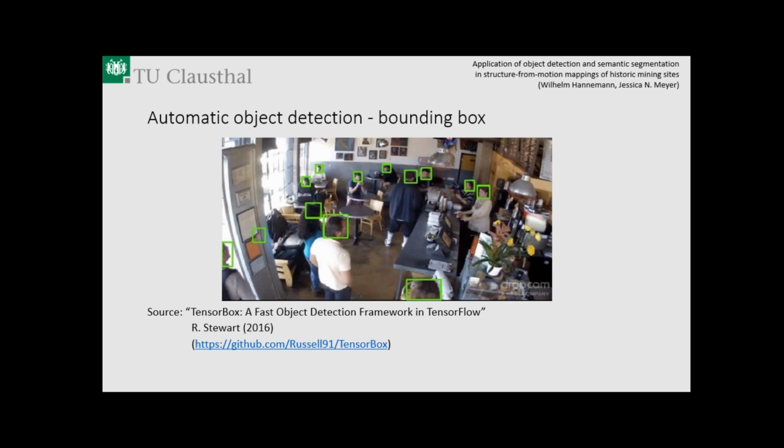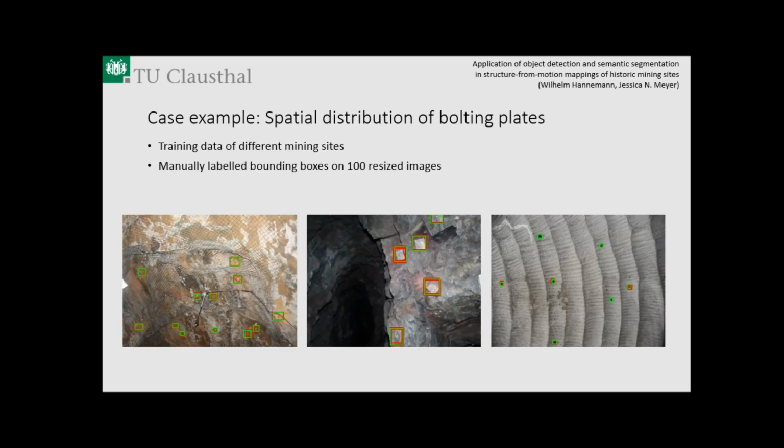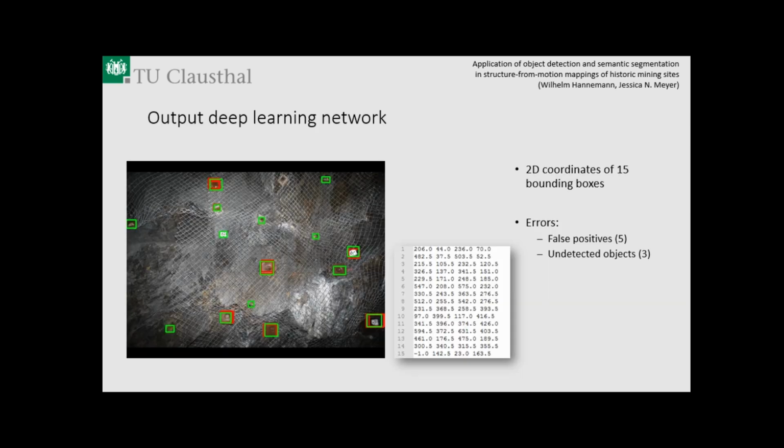The software I used in this case was TensorBox, because I used it three years ago in another project and had a training data set already available. So I had at hand about 100 resized images from different mines, ore mines, salt mines, whatever, with annotated bolting plates, and used this as a training data set and just applied this trained network on our new data set from this Amitzberg mine.